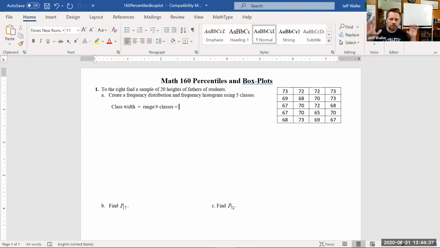If you look at your sorted list, what's the highest and the lowest data point? The highest is 99. The lowest is 47.